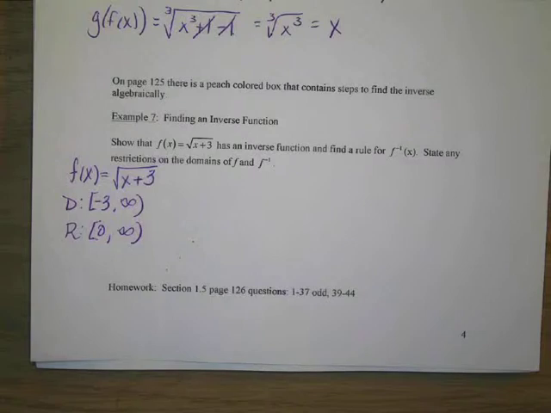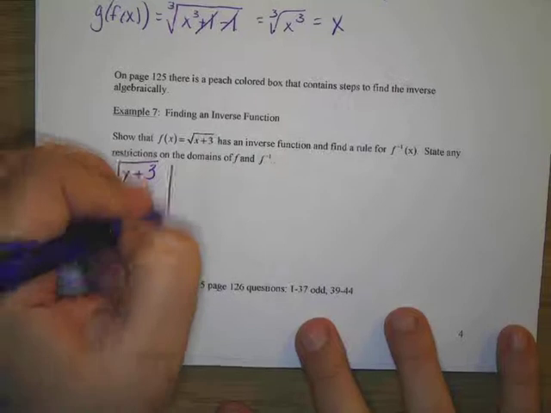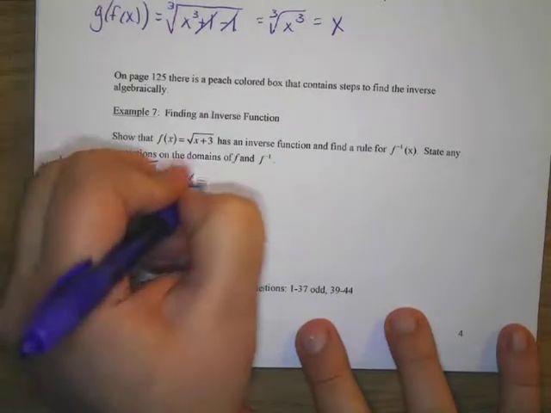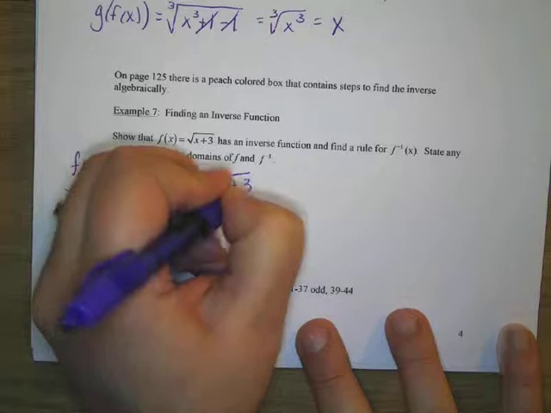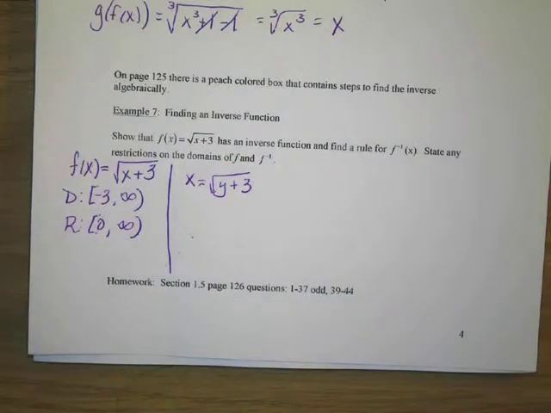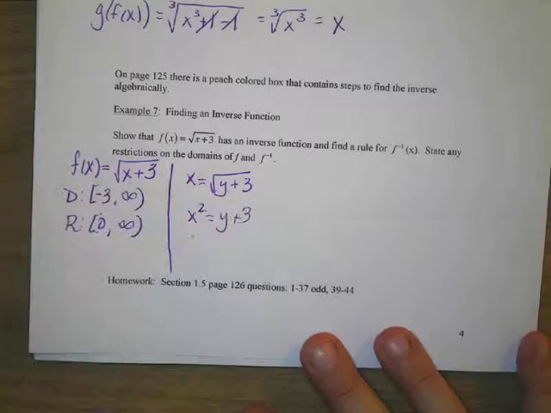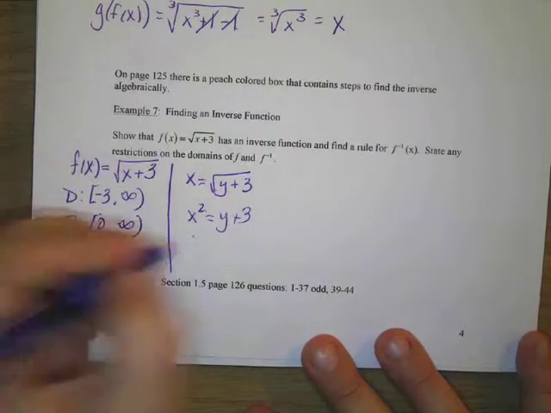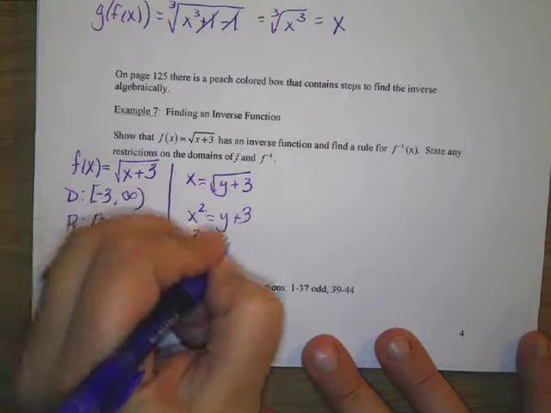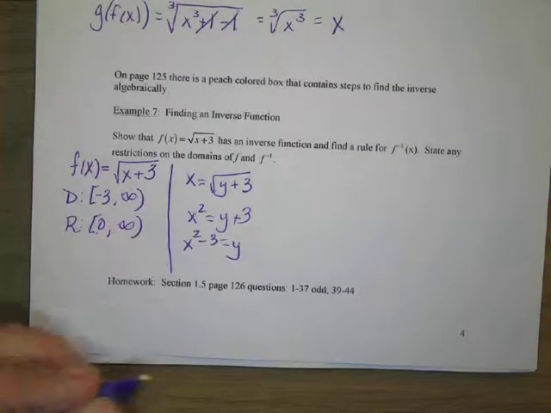Bless you. So now let's work on the inverse. We're going to switch our x's and y's. So we're going to say x equals the square root of y plus 3, and solve for y. What do we do? Square it. And then what? But instead of y equals, I want us to use proper notation to show it's an inverse.